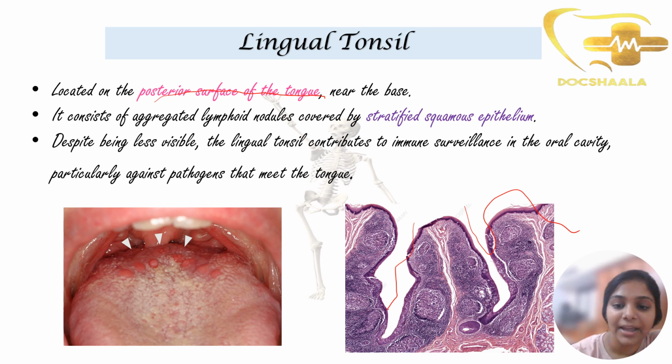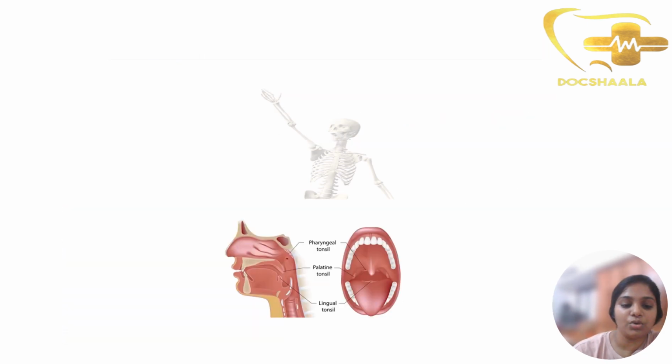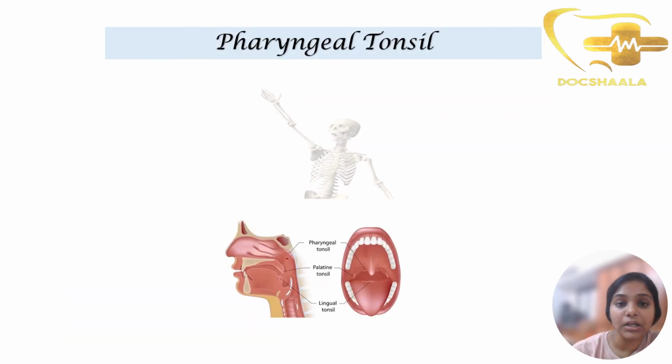So it is covered by stratified squamous epithelium. You can see the epithelium, which is very thick, right? So yes, this is covered by stratified squamous epithelium, and it is less visible when we are seeing through the oral cavity, but it contributes to the immune surveillance in the oral cavity. So particularly those pathogens which occur in the tongue.